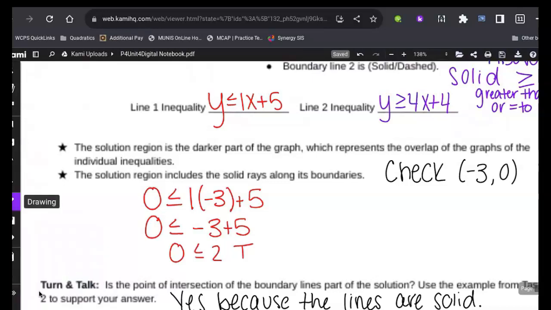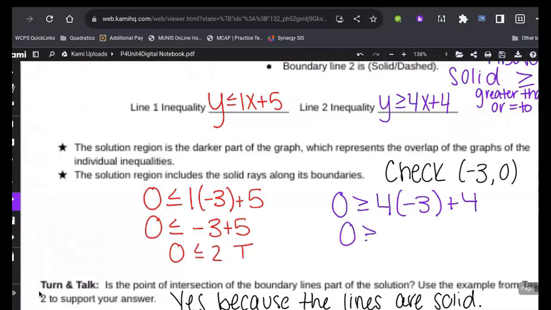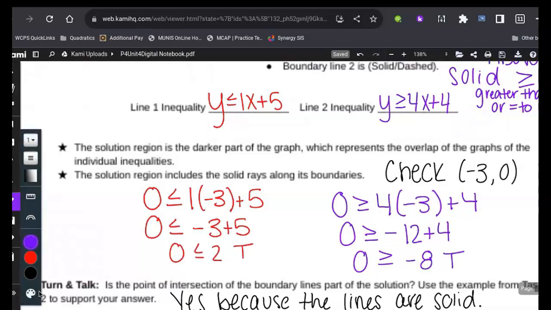And then we're going to substitute the 0 for y and the -3 for x again in the second inequality. So 0 is greater than or equal to 4 times -3 plus 4, which is -12 plus 4, and -12 plus 4 is -8. This is saying that 0 is greater than or equal to -8, and 0 is greater than -8, so that is true. If it's true for both inequalities, is it a solution?